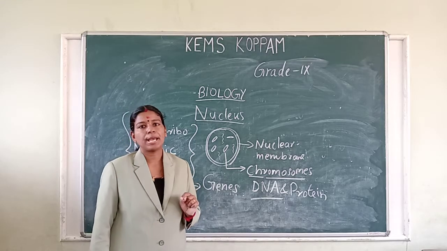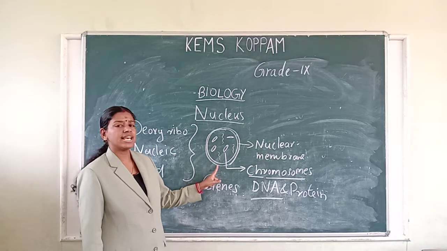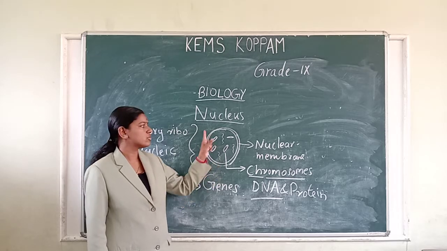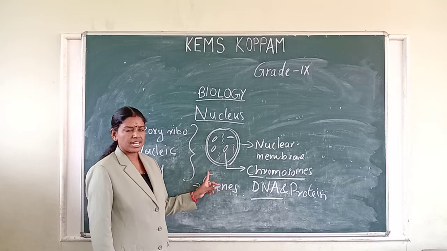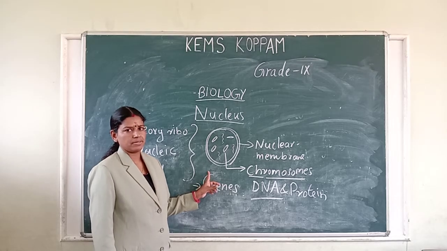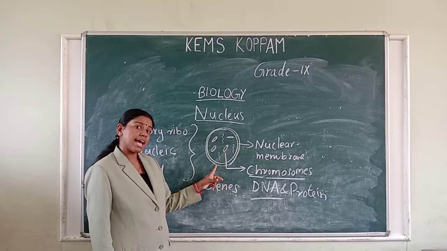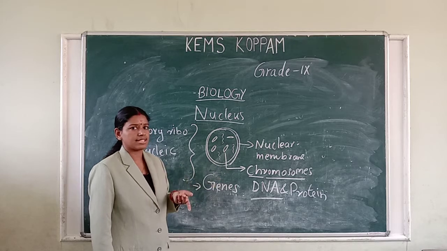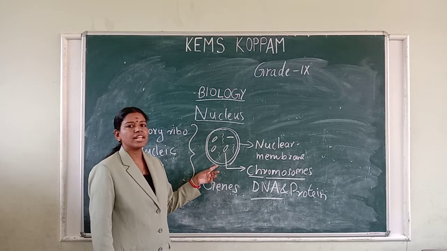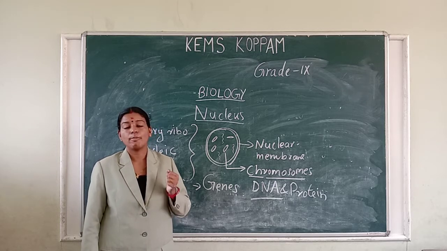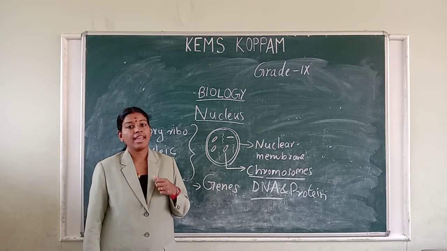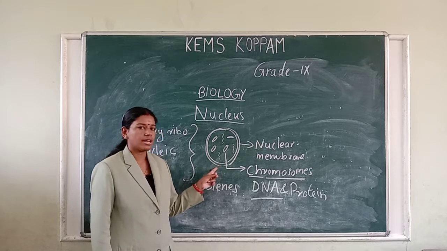Now, one more point I am going to tell you is, some cells possess this nuclear membrane, or envelope we can say. In some cells, this nuclear envelope will be absent. For example, I will take the bacterial cell. They lack a nuclear membrane.